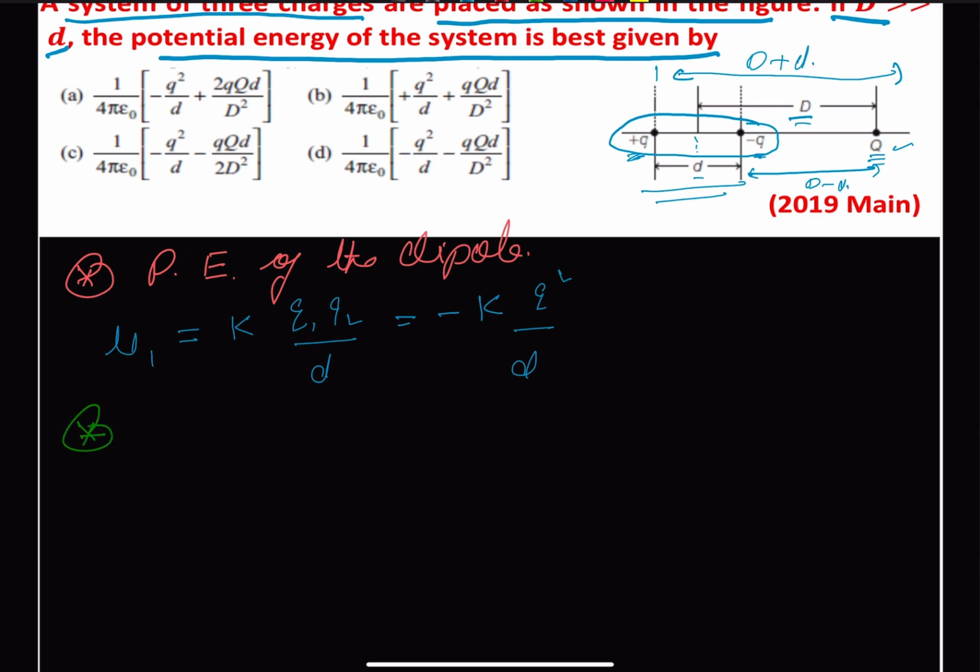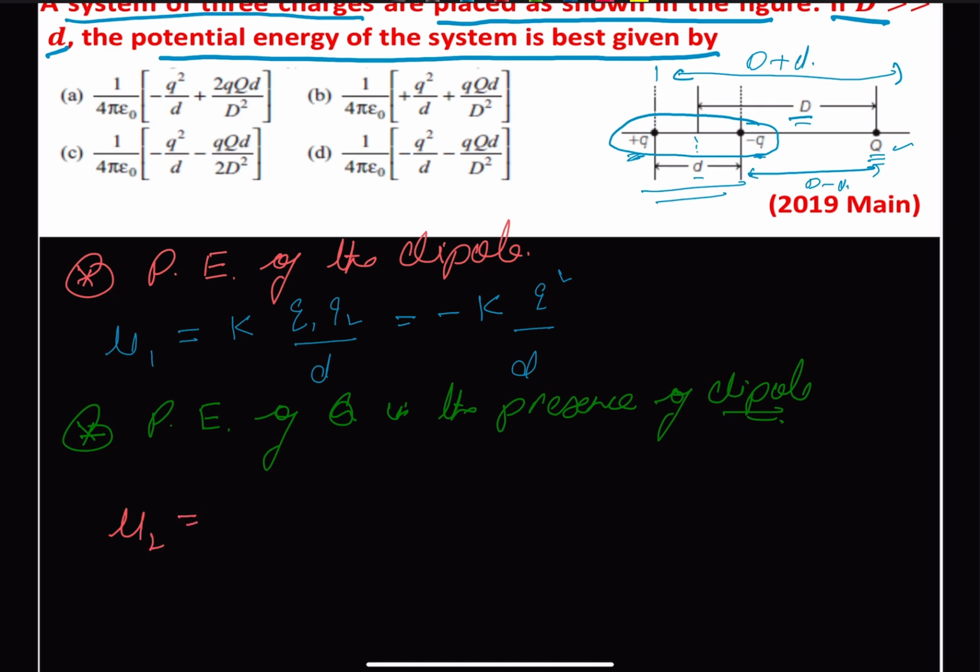of capital Q in the presence of the dipole system. So the potential energy of Q in the presence of the dipole, we can call this U2.